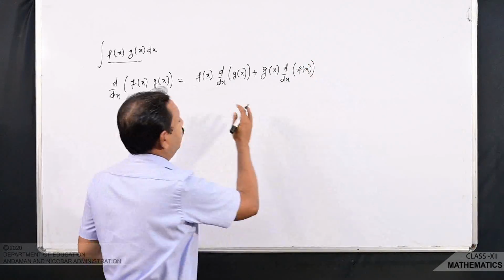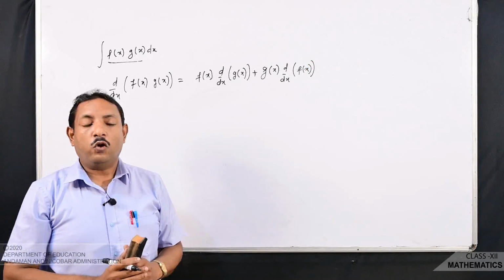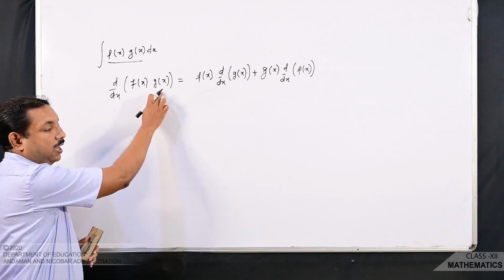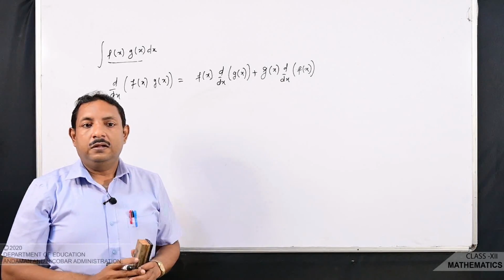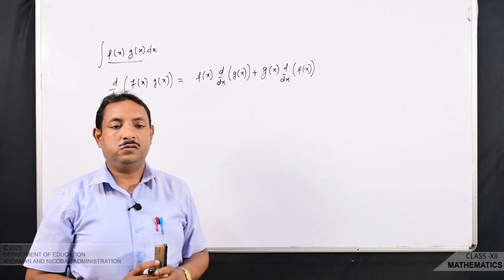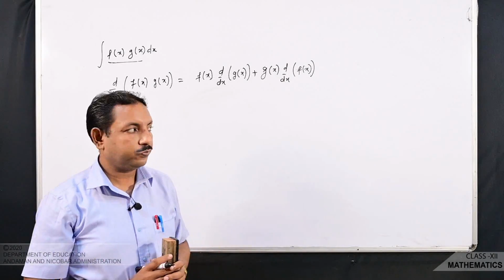This rule we know as the product rule. When two functions are in the form of a product and we have to find the derivative, we use the derivative product rule.